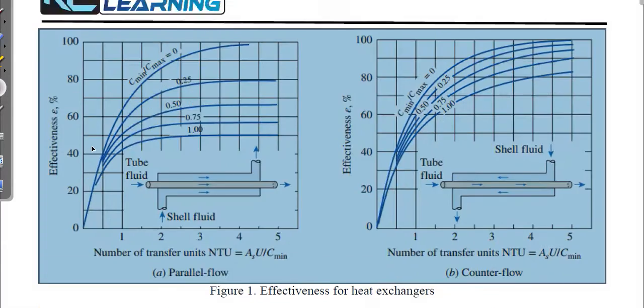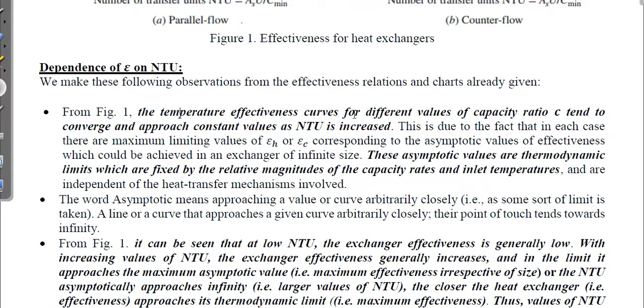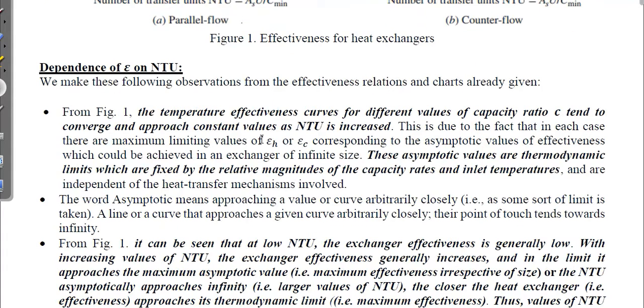So let's read out some sentences. From figure 1, the temperature effectiveness curves for different values of heat capacity ratio tend to converge and approach constant values as NTU increases. So all these values are converging and reaching a constant value for different C's. And why is it happening?